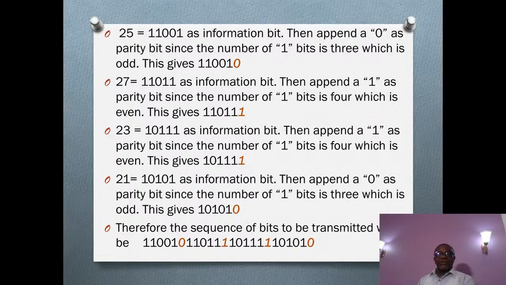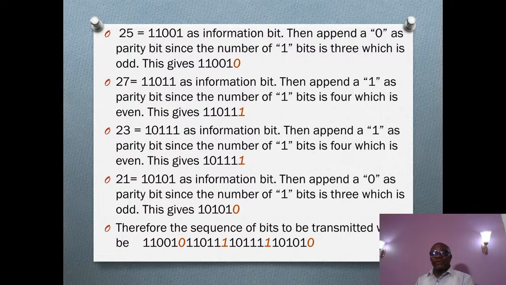So the numbers given to us, we see that if we convert 25 to its binary equivalent, it will give us 11001. And that is the information we want to transmit. Now, we count the number of ones in that 11001. You can see that we have 3 one bits.